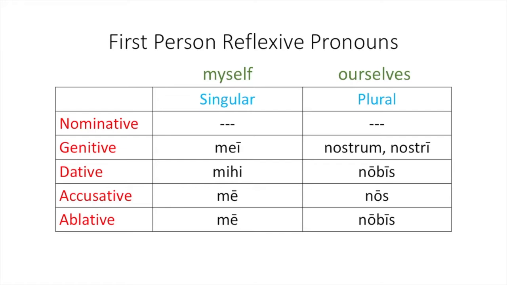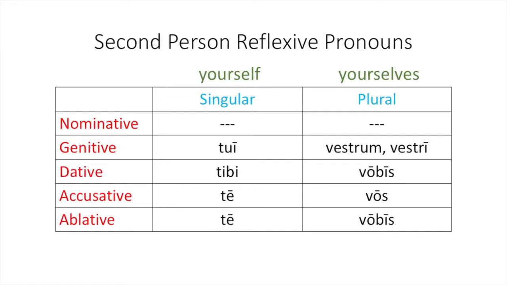For the plural, when we see ourselves in the mirror, there again is no nominative. The genitive will be nostrum, nostri, dative, nobis, accusative, nos, and ablative, nobis. And these are exactly the same forms as your personal pronouns.